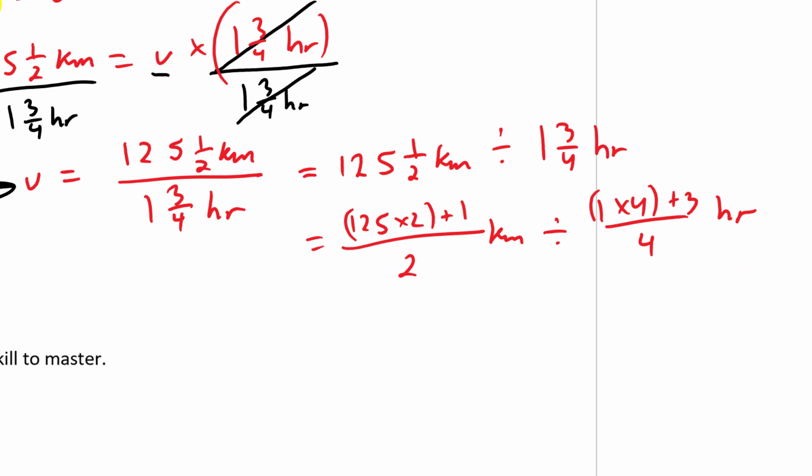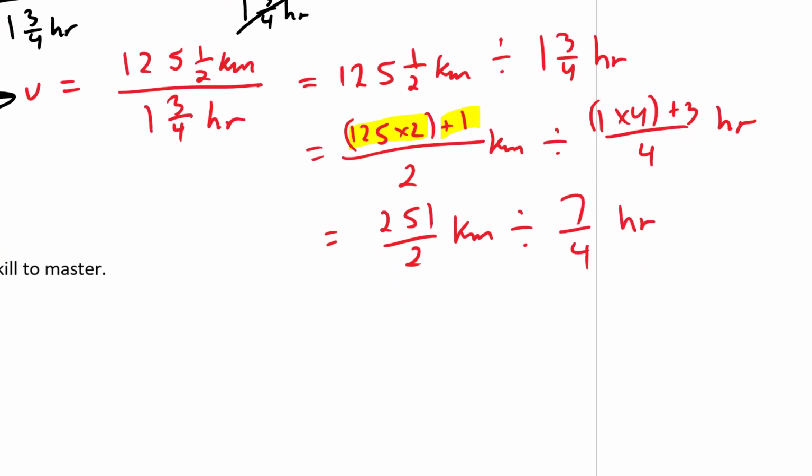Next up, 125 times 2, 250, plus 1, 251 over 2. Be careful of that. I've seen many students just do this part here, and they forget to include this part. Make sure you do it all. Kilometers. Over here, 1 times 4 is 4, plus 3 is 7 over 4 hours.